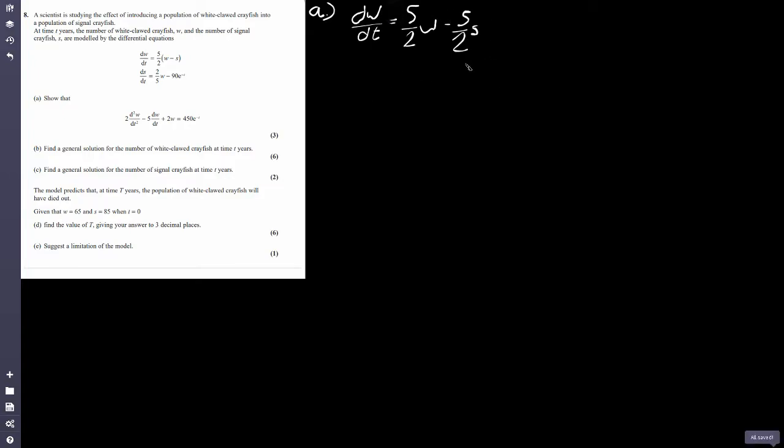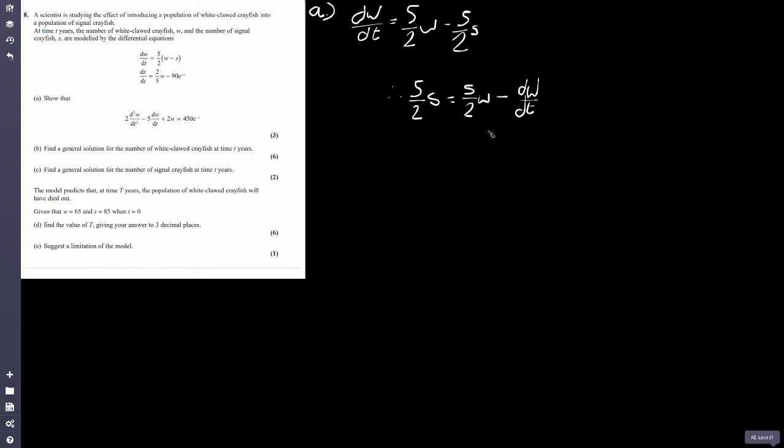Okay, so rearranging this now to be s equals, well, that's going to be 5 over 2s, so taking this across to the other side, is equal to 5 over 2w minus my differential of w with respect to t, minus dw dt, like so.